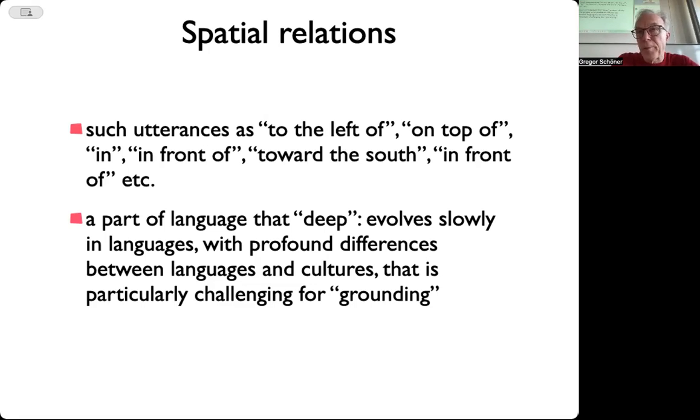And one of those primitives were spatial relations. That if you master spatial relations in this concrete way, you could lift them to higher cognition. So for instance, if you say, the economy is on its way down, you're using spatial relation down to talk about something abstract. And then one would argue that you could reach a lot of content using spatial terms.